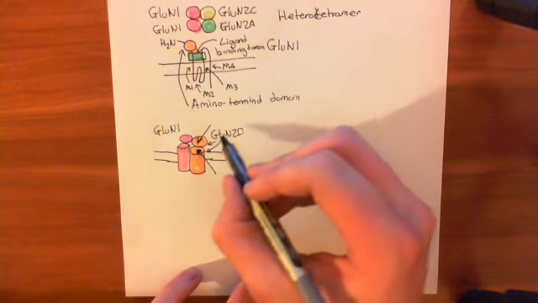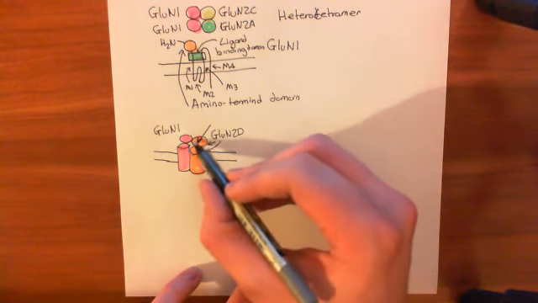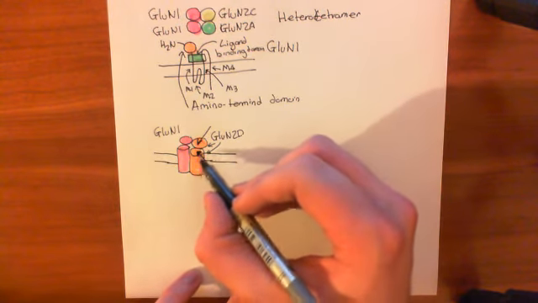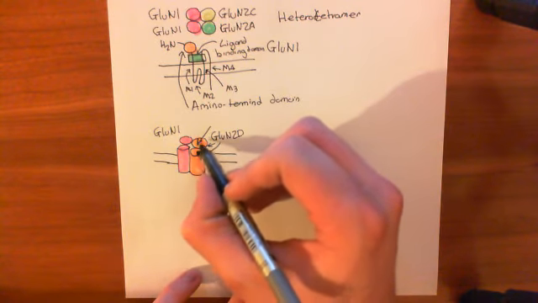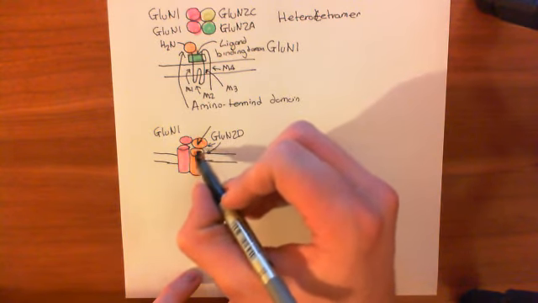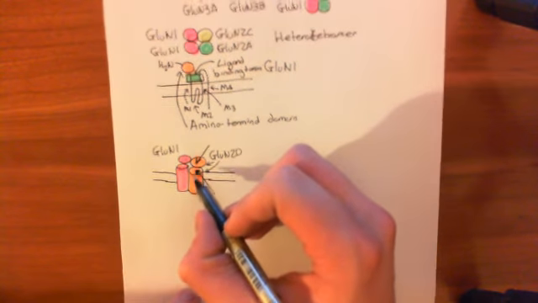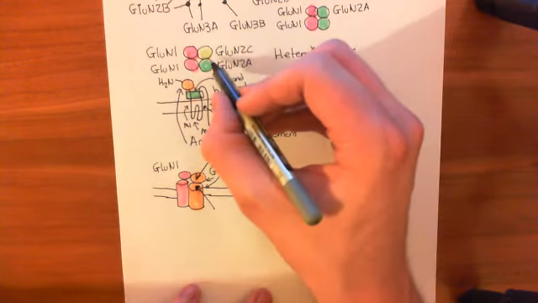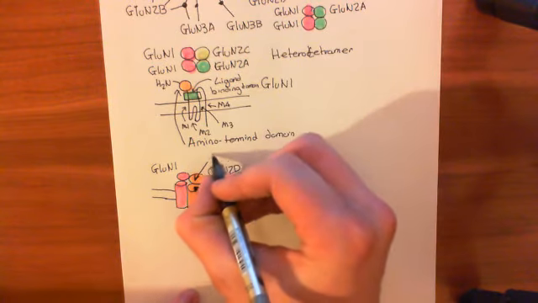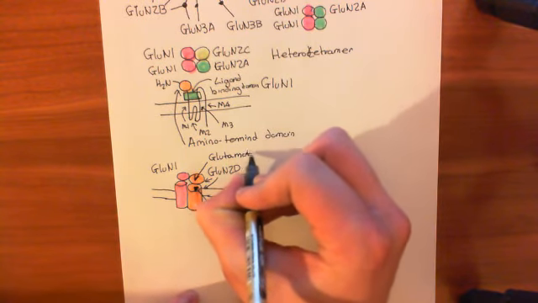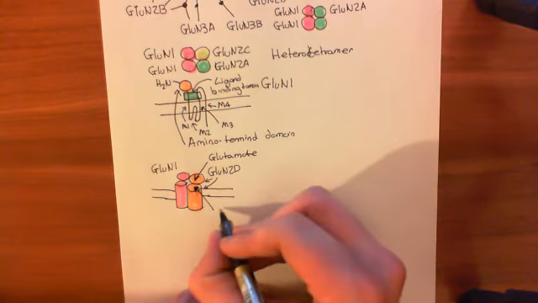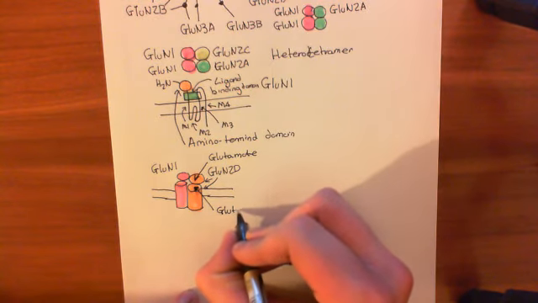This is the same no matter what subunits you have in this position, whether you've chosen these 2 as being the same, or whether they are different. Basically, 2 glutamates are always going to bind to the 2 non-gluN1s.